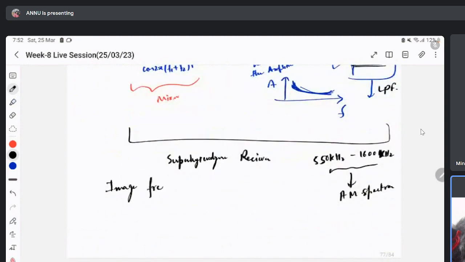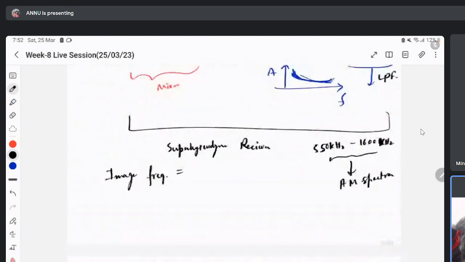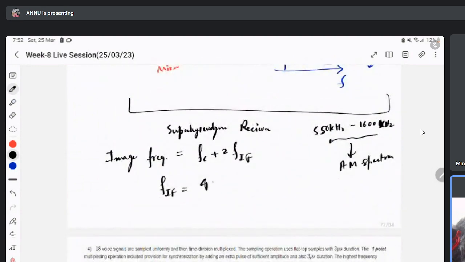So image frequency is FC plus 2IF, and FIF is standardized at 455 kilohertz.